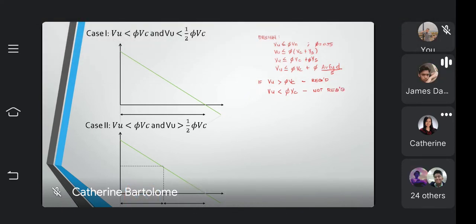Mas mataas na yung kaya. Okay, so mas mataas na yung kayang-kaya na lang buhatin mag-isa. Kumbaga, si concrete, kaya-kaya na buhatin si ultimate moment, kaya hindi niya na kailangan ng tulong.